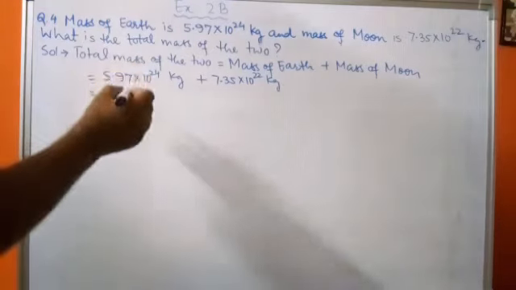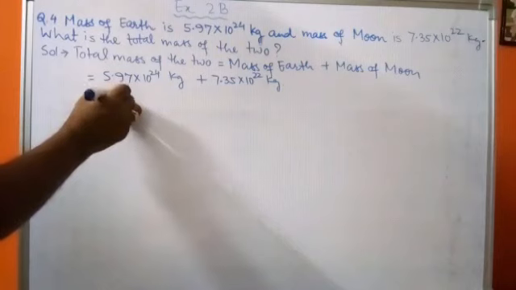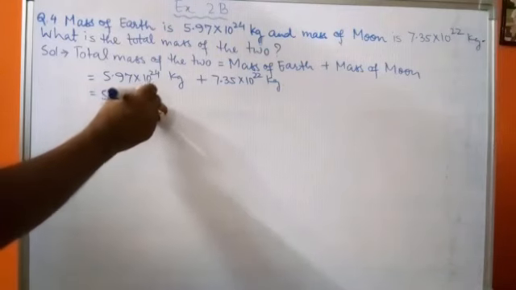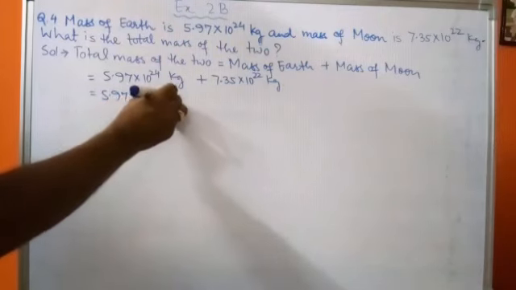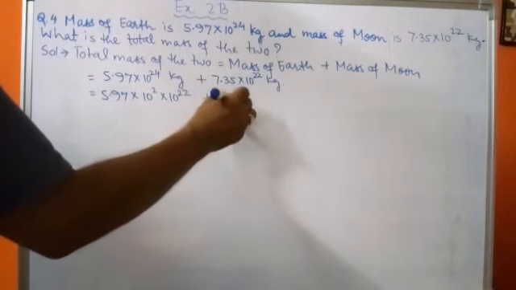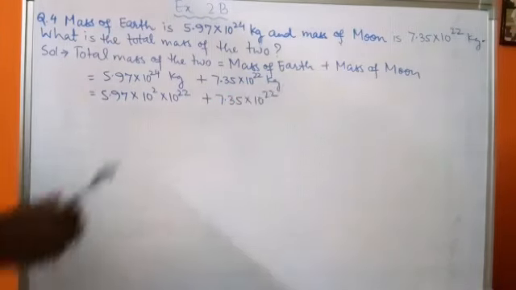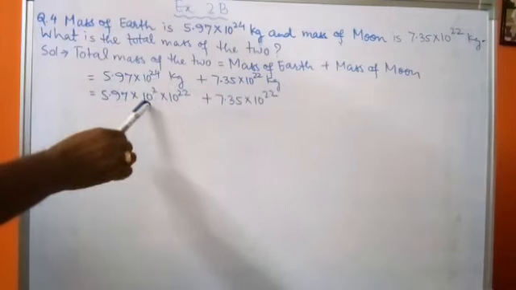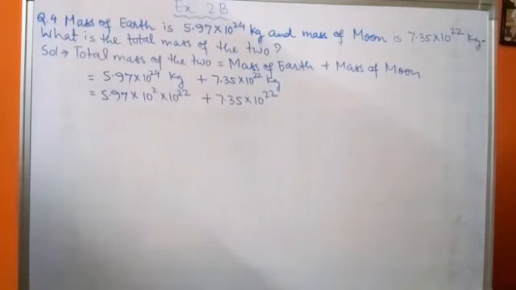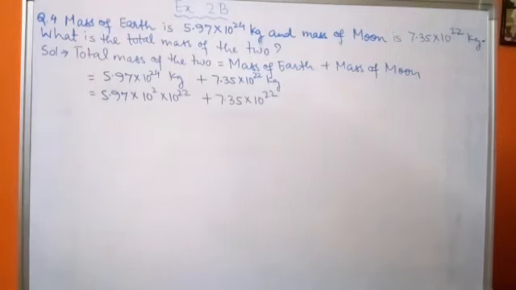So here we can try to make them equal power: 5.97 into 10 to the power 2 into 10 to the power 22 plus 7.35 into 10 to the power 22. Here we can split this power into 10 to the power 2 and 10 to the power 22 because their sum is equal to 10 to the power 24.